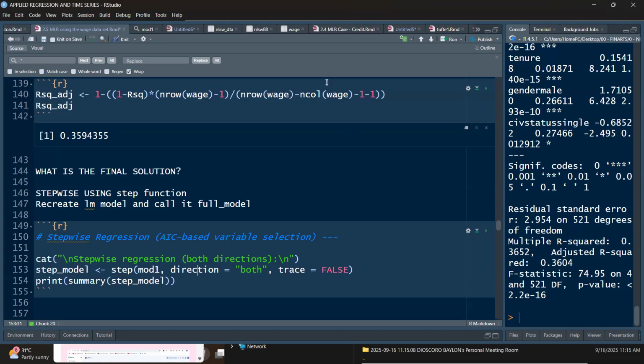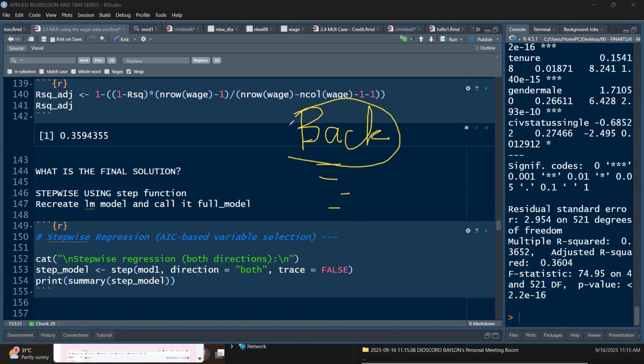Okay, just to give you the distinction, when you say stepwise backward, you start with the full model, all the predictors, and then you remove one at a time. That's what we did. That's backward. For forward, you start with nothing and then add variables one at a time. That's forward.